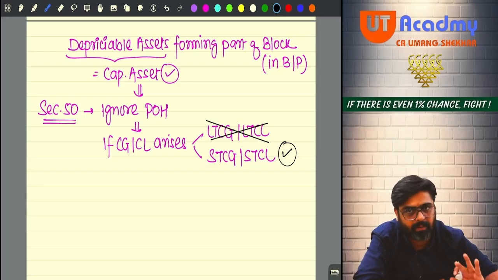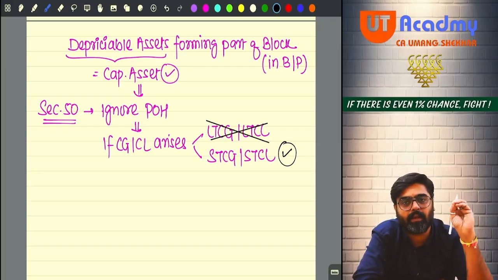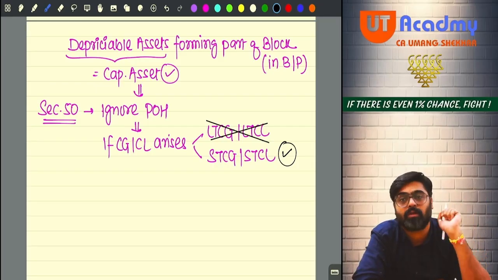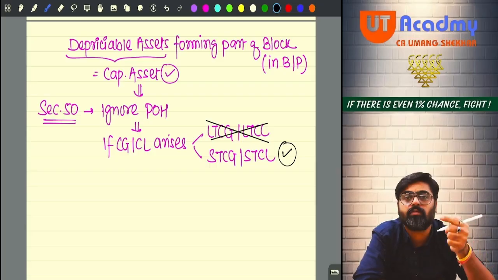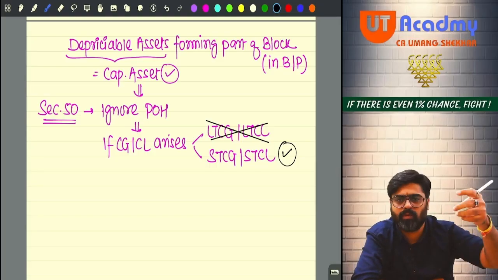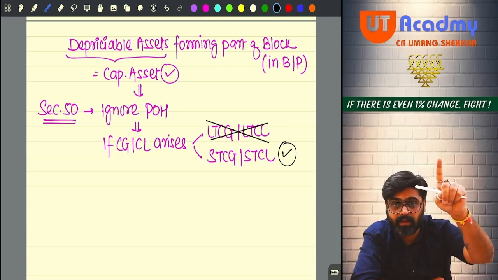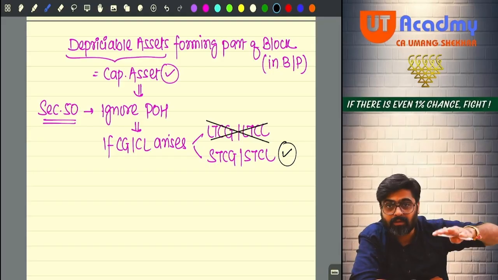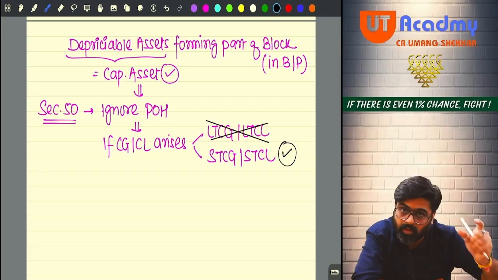If capital gain arises on transfer of these assets, we want to charge it at normal rates. It is possible only if they are treated as short term. Loss we want to allow to be set off against all the gains. Since we are charging at normal rates, the loss we want to treat as normal, so loss should also be short term. Ignore the period so that it cannot become long term. We want to consider gain or loss arising on their transfer as short term only.